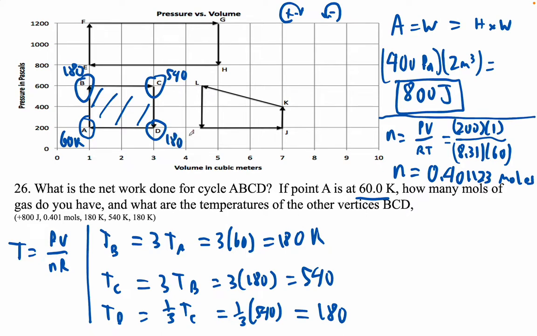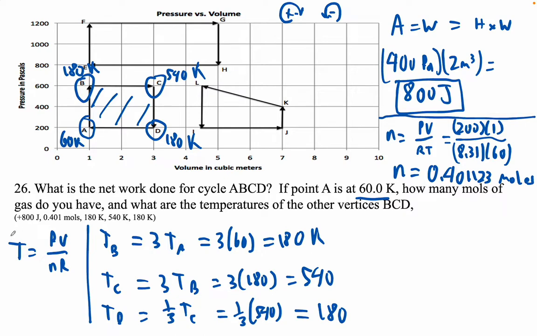Kind of a weird thing, right? The other thing you could do is say, look, if I went this way, from A to D, I would multiply the temperature by 3. That's the other way to get that, right? So there you go. The other vertices.